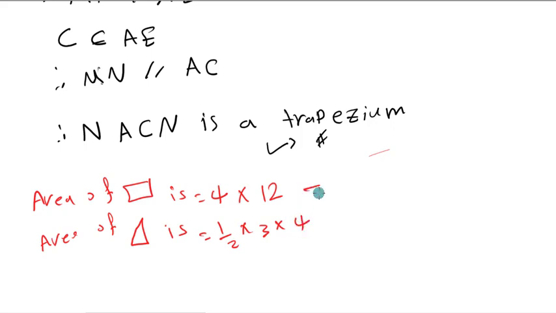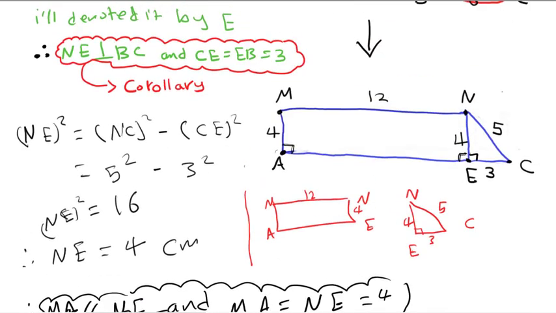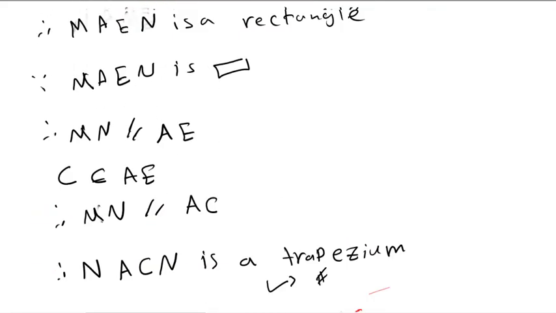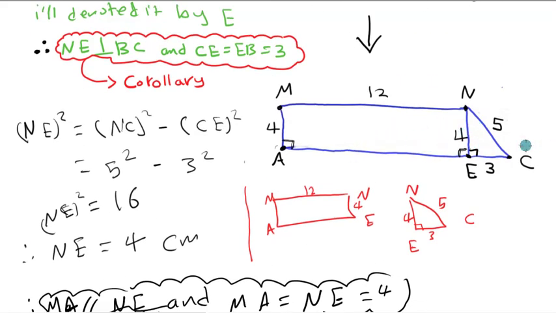The first one equals 48, the second one equals 6. Adding the area of the rectangle plus the area of the triangle gives me the area of the whole shape.